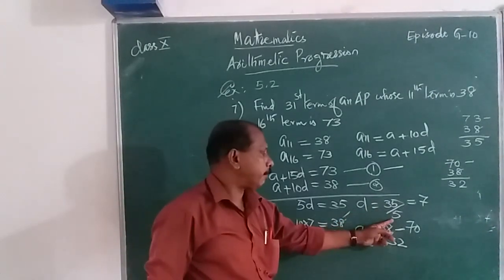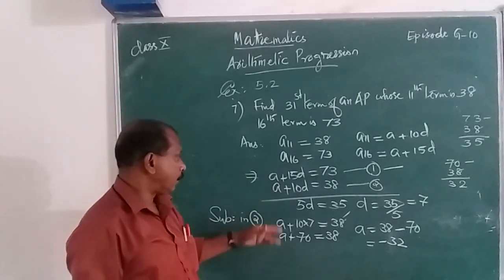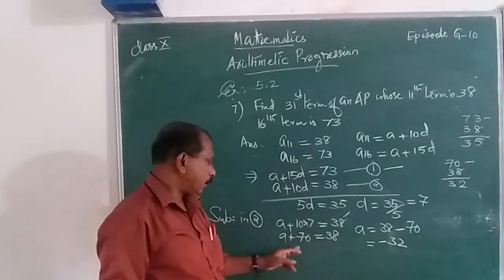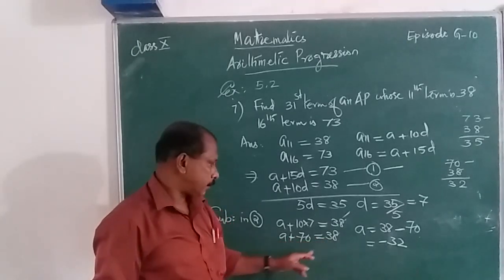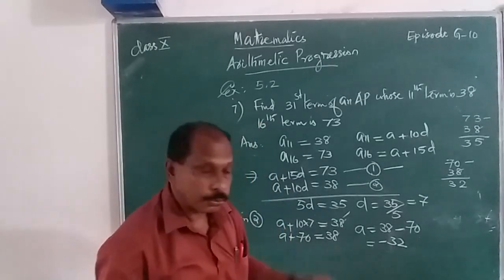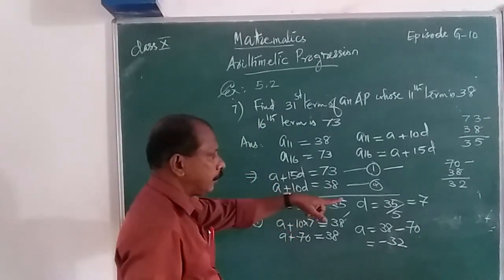Therefore, D is 35 by 5 is equal to 7. Substitute this value in the second equation, that is A plus 10 into 7 is equal to 38. Therefore, A plus 70 is equal to 38. Therefore, A is equal to 38 minus 70 is equal to minus 32. Therefore A is minus 32, D is 7.